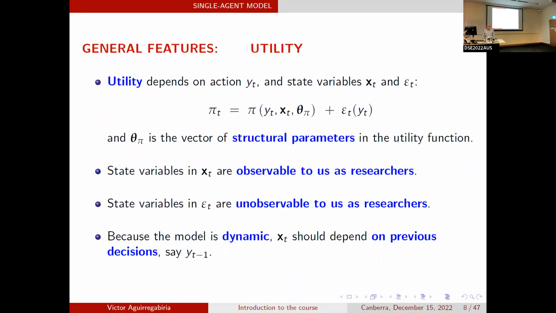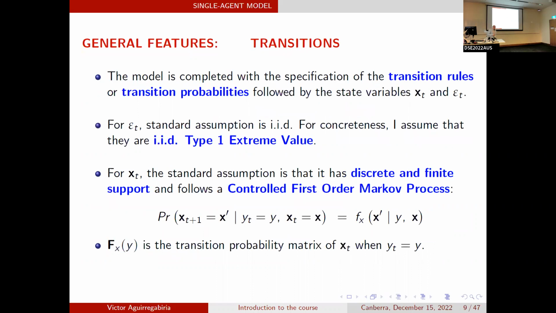The model is completed with the transition probabilities of the state variables, where we have the conditional independence assumption, or even a stronger version of it, that is, the epsilons, the unobservables, are independently and identically distributed over time.